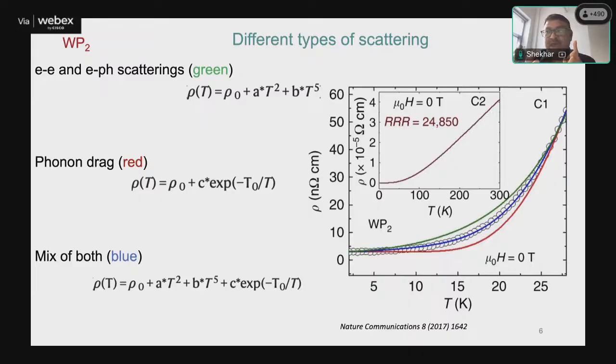The origin is the electron-phonon interaction, or in some cases phonon drag interaction, and in some cases it mixes the whole process: electron-electron, electron-phonon. All these phenomena happen, but this also depends on the material.